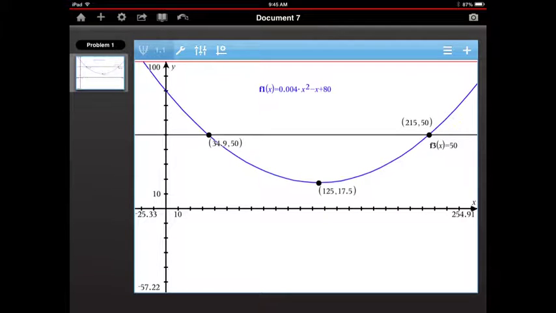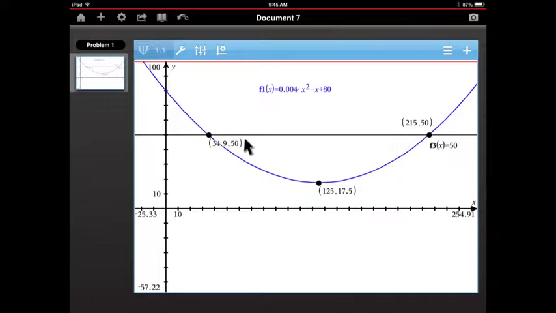Over here, I've used the iPad app for the TI Nspire graphing calculator again. It still shows the minimum, and it still shows the equation, but I've also put in another equation, f of x equals 50, or in other words, where y equals 50.